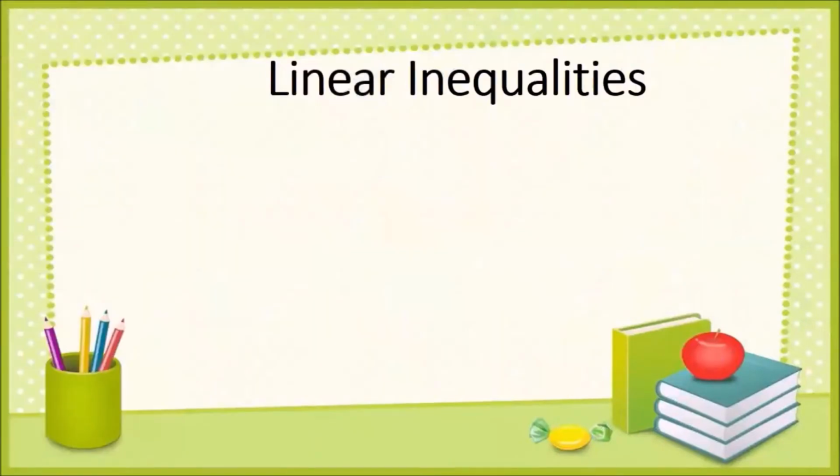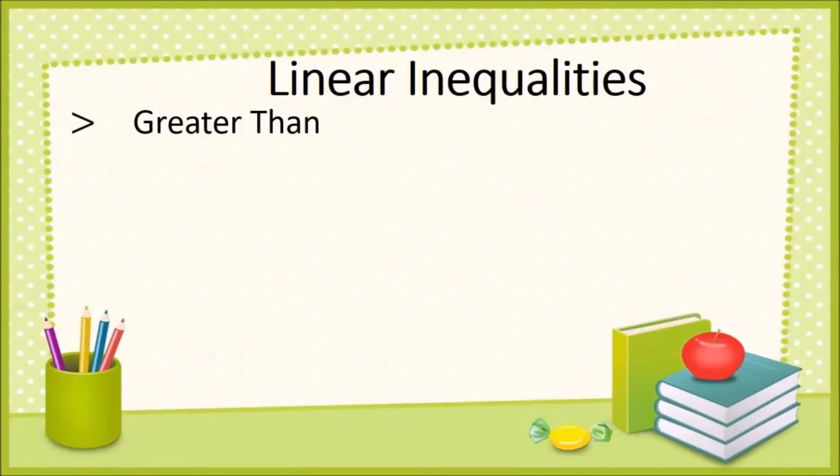Now, in linear inequalities, we have many symbols to be used. It means in these linear inequalities, the two quantities are unequal, one is bigger than the other, or the other is smaller than the other.